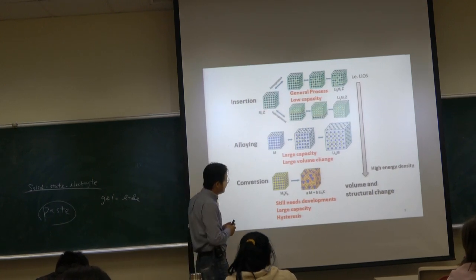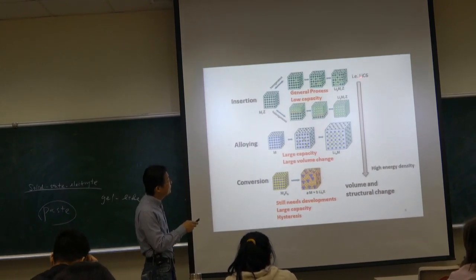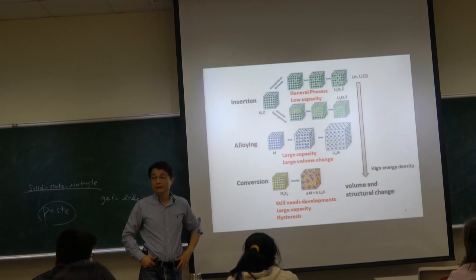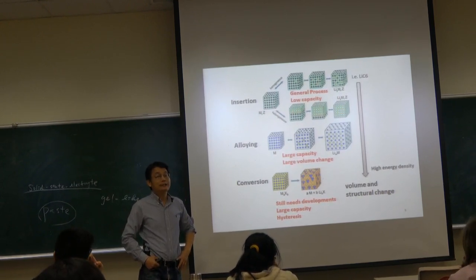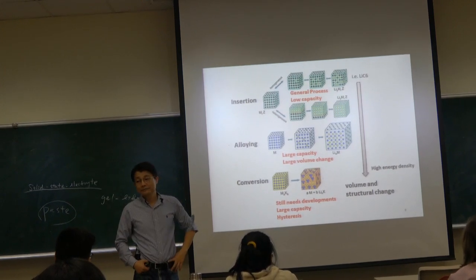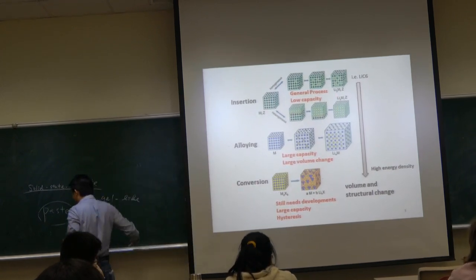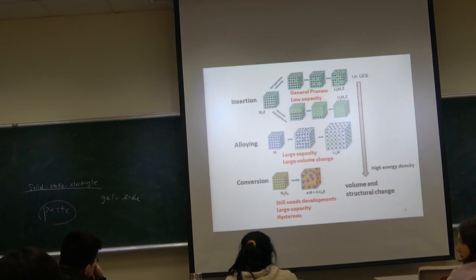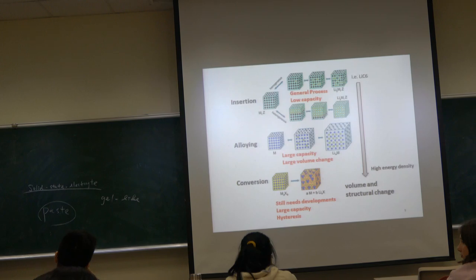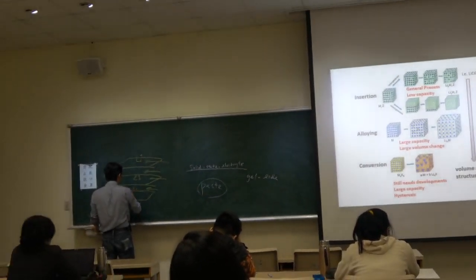Okay. So for example, let's look at the first one, insertion. Like LiC6. You can say six carbon accommodates one lithium. This is layered carbon.